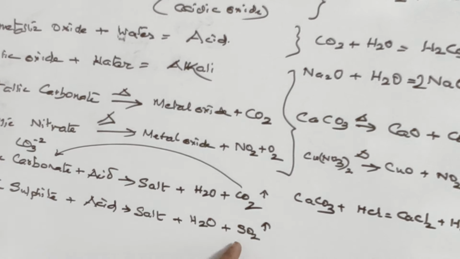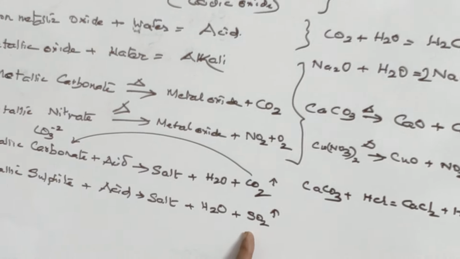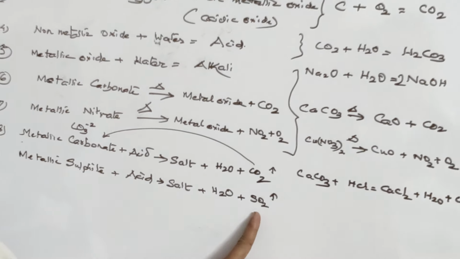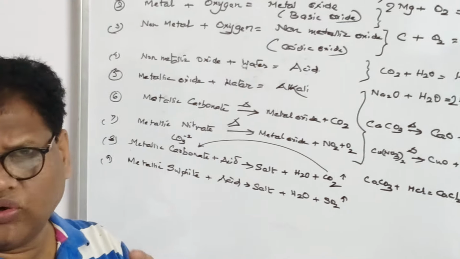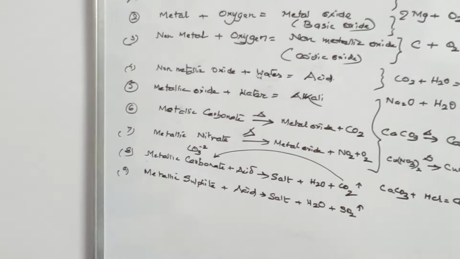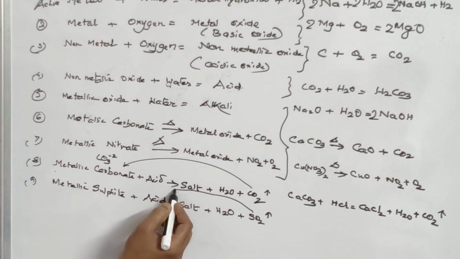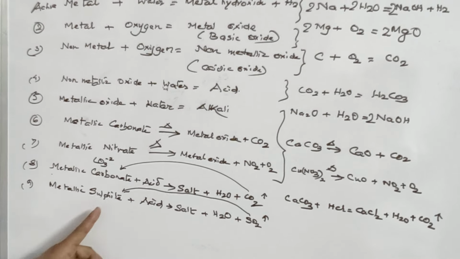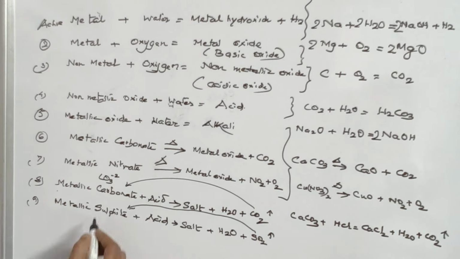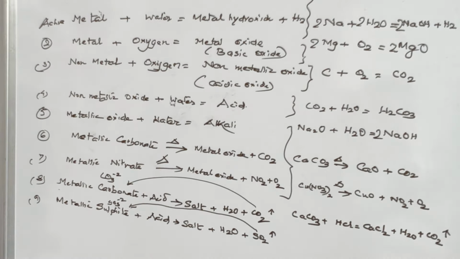The evolution of SO2 can be tested by the action of KMnO4 that turns pink to colorless, and it also turns potassium dichromate solution orange to green. What more thing it confirms? The confirmation is proving that this sulfur dioxide tests the presence of sulfite radical, okay. Sulfite means SO3 minus 2, okay.